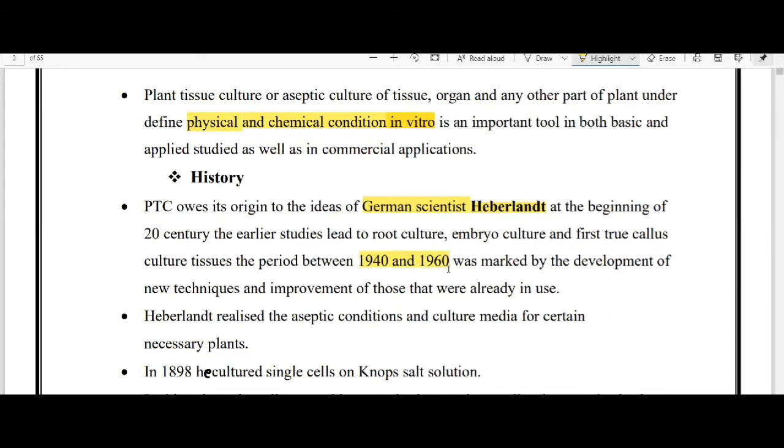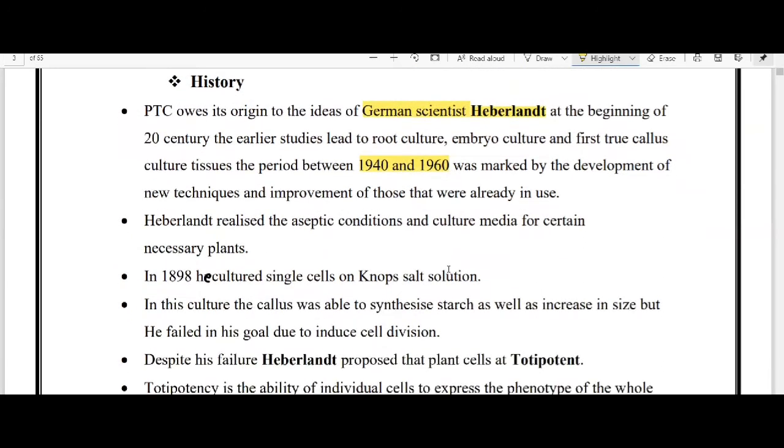He developed a technique, or he cultured some necessary plants on Knop's solution. Haberlandt realized the aseptic conditions and culture media for certain necessary plants. He first discovered that aseptic conditions are needed, and then on a culture media, these plants were kept.